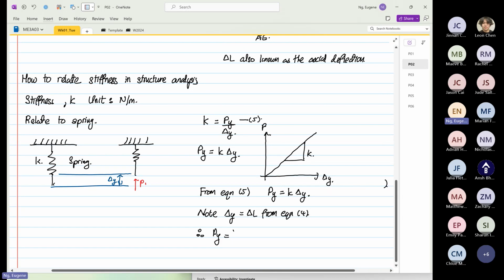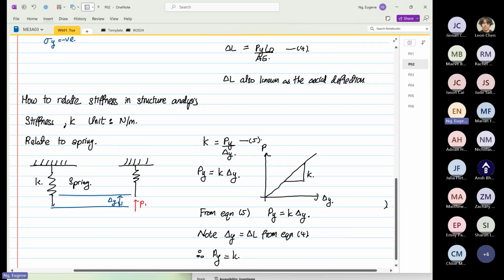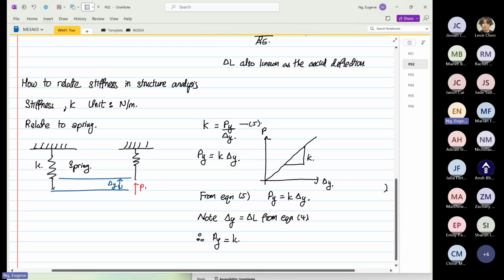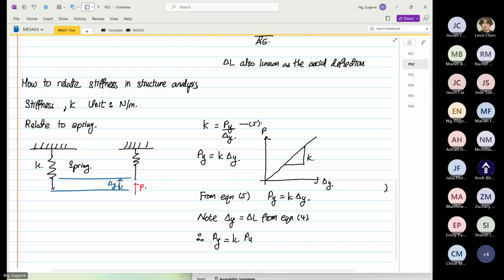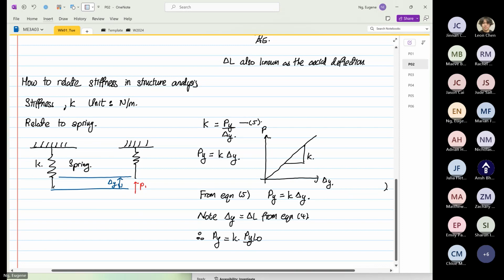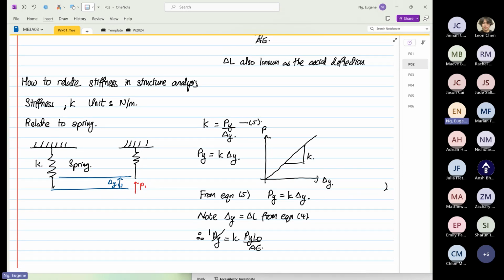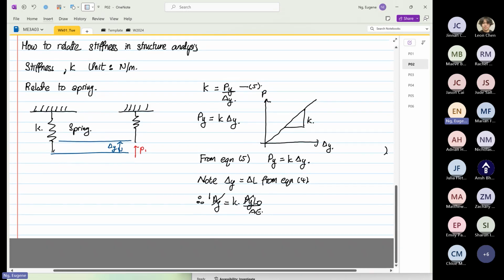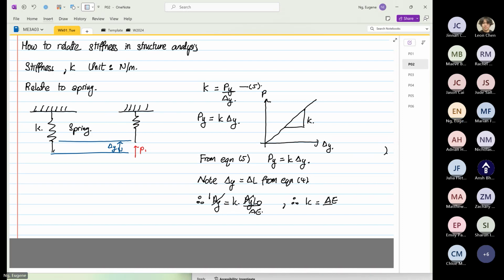Therefore, Py is equal to K delta L. So delta L is equal to what? Delta L is equal to Py L naught over AE. So you cancel this, this is equal to 1, you cancel this. So therefore, stiffness K is equal to AE over L naught.